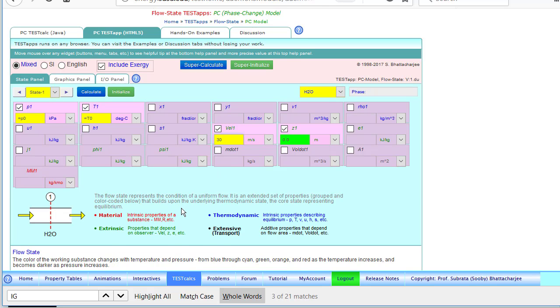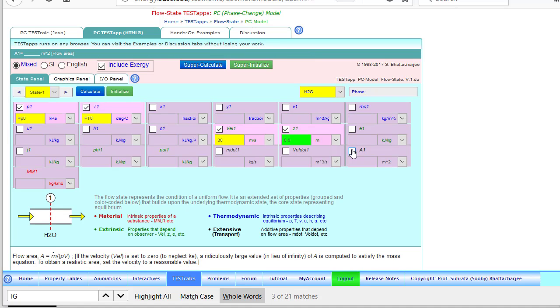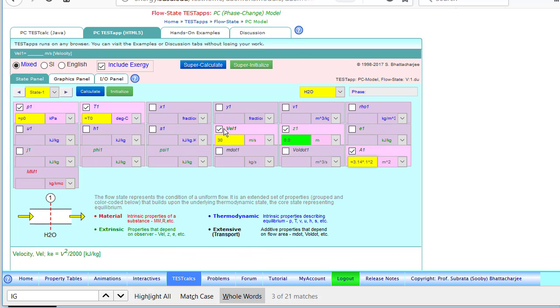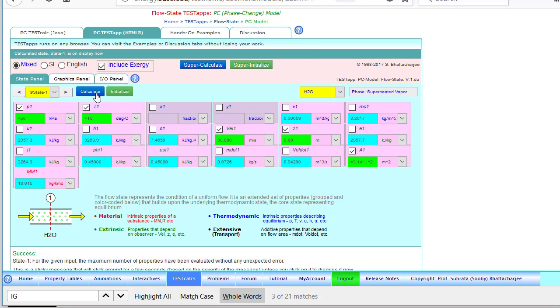And it gives us diameter, but there's no diameter option in here, so we're just going to have to do that for area down here. And we're just going to enter it as equals 3.14 times the radius, which is going to be 0.1 meters squared. Alright, and then we have all our values entered, so we hit calculate, and you get your m dot 1, which is about 3.07 kilograms per second, which is the answer to part A for the rate of transport of mass.